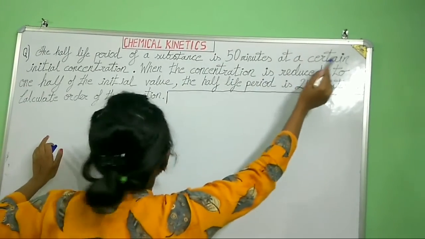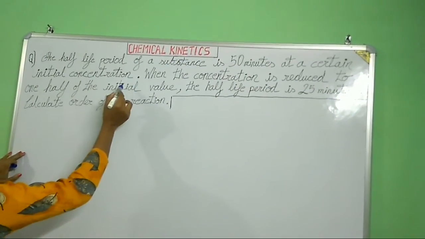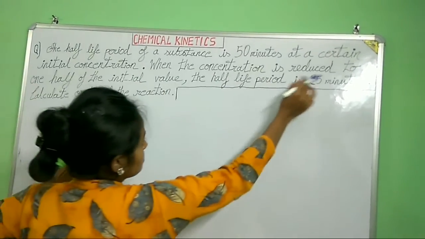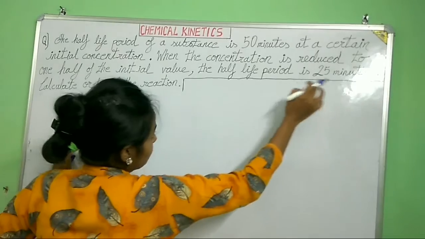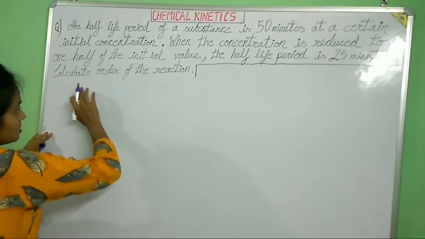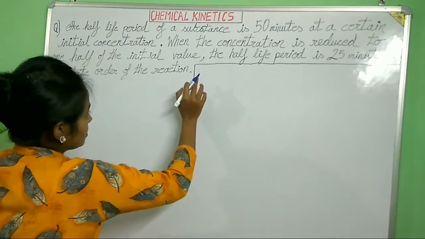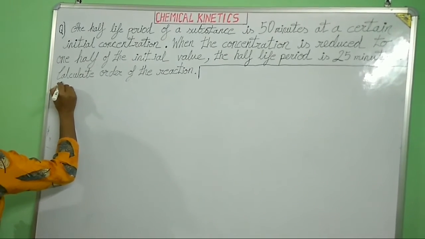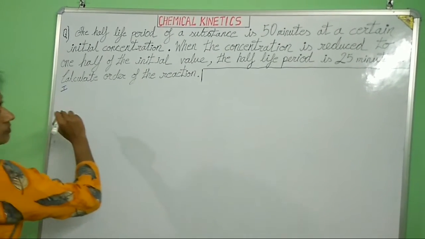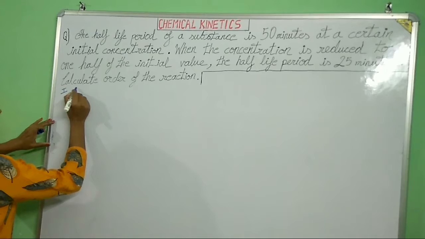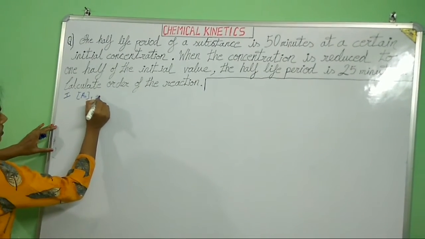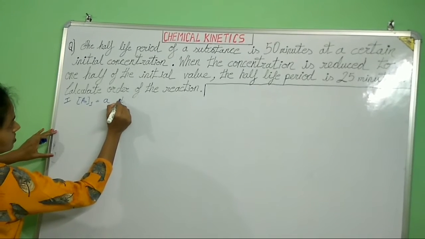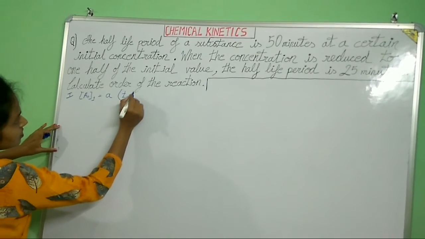Now let's come to the next question, that is, the half-life period of a substance is 50 minutes at a certain initial concentration. When the concentration is reduced to 1/2 of the initial value, the half-life period is 25 minutes. Calculate order of the reaction. Okay. So, for first case, what is given? For first case, let the initial concentration be A. What is the T half given for it in the question?